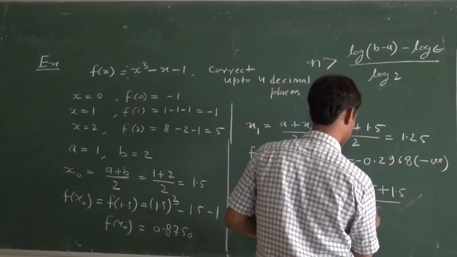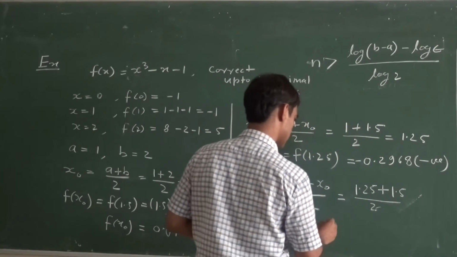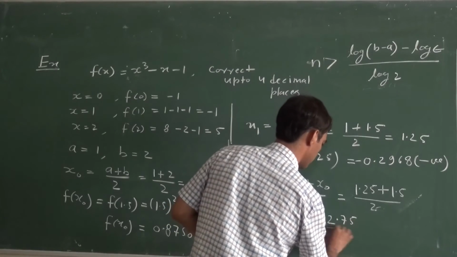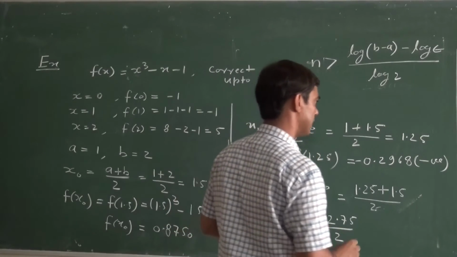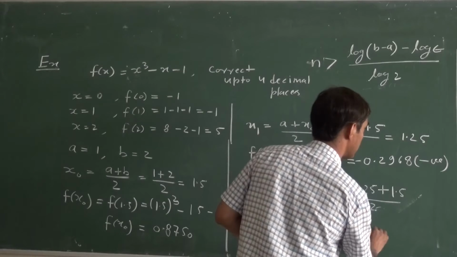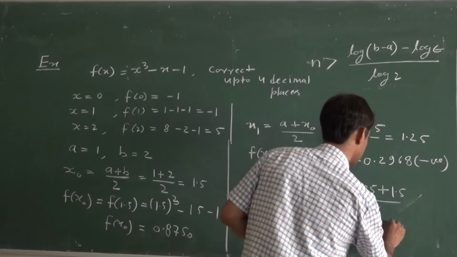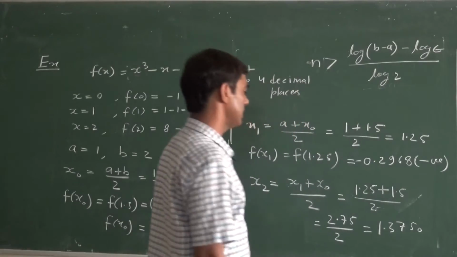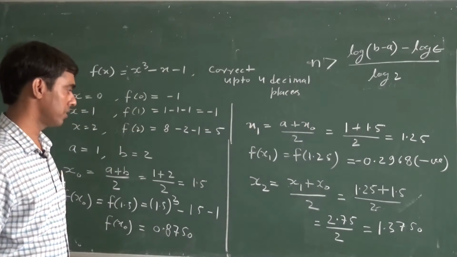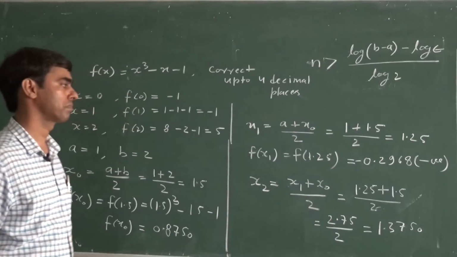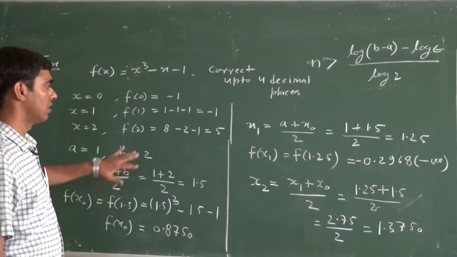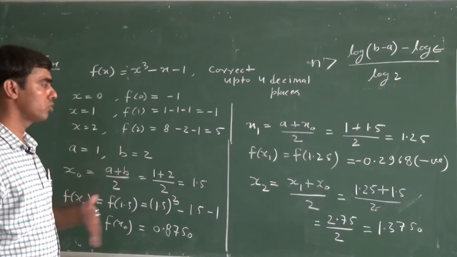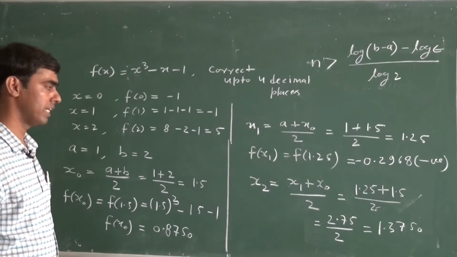1.5 divided by 2. This one is 2.75 divided by 2, and this one equals 1.3750. So in this manner, we calculate x3, x4, x5, x6 and so on up to a desired level of accuracy.